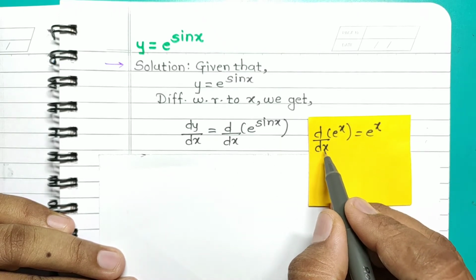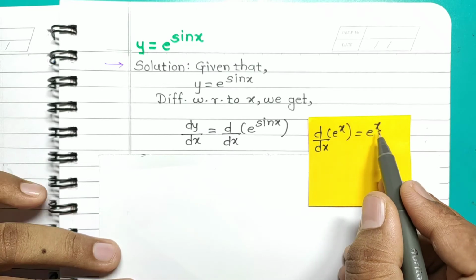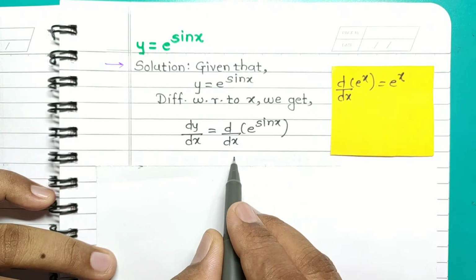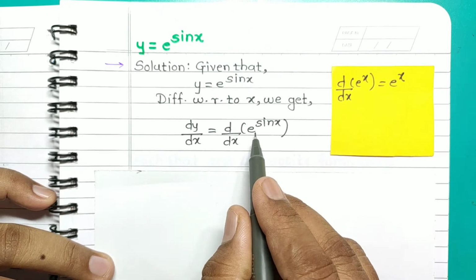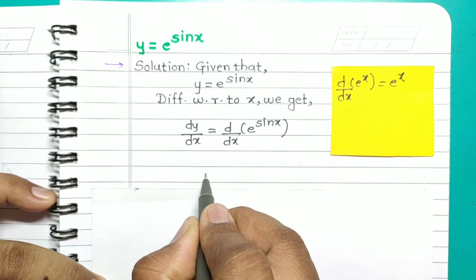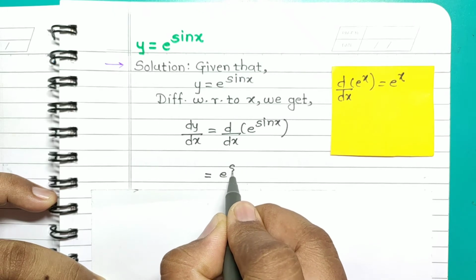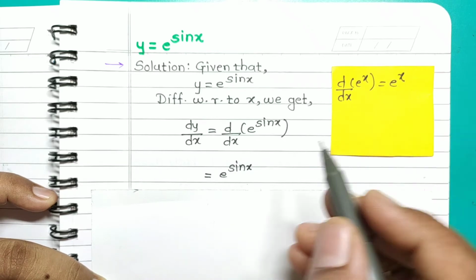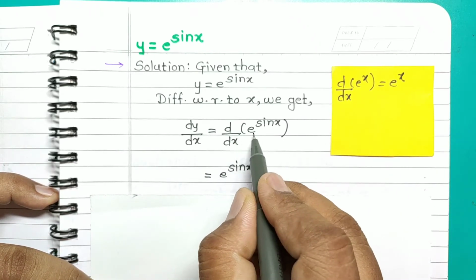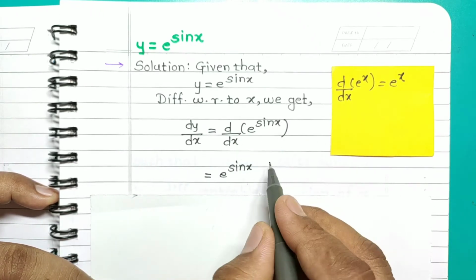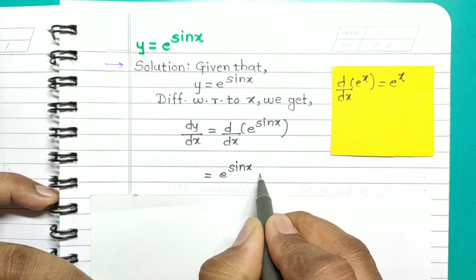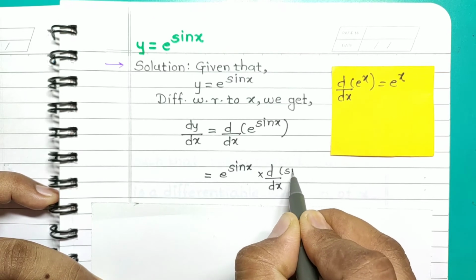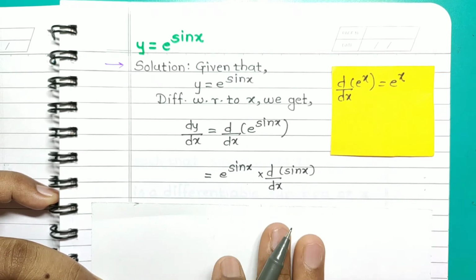And we know that derivative of e raised to x is again e raised to x. So for the derivative of e raised to something, we have e raised to something. So derivative of e raised to something is e raised to sin x, that is the something function, and multiply this term by derivative of something, which is function sin x.